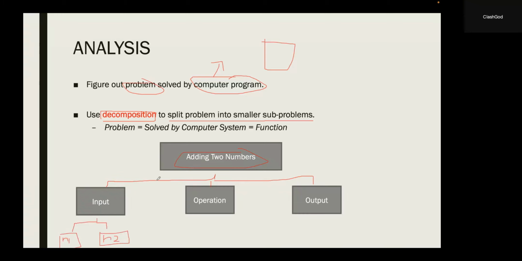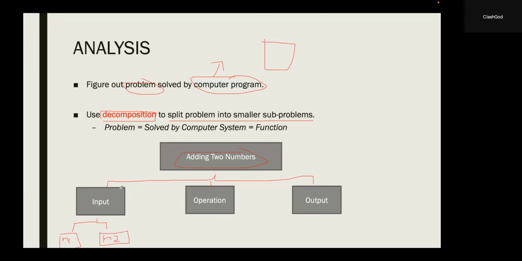So what we have done here is essentially we have split the problem we had initially, which is we need to add 2 numbers, into 3 smaller problems. And then we can split these smaller problems again into smaller problems until we cannot split them anymore. After we cannot split them anymore, it is very, very easy to solve each function.